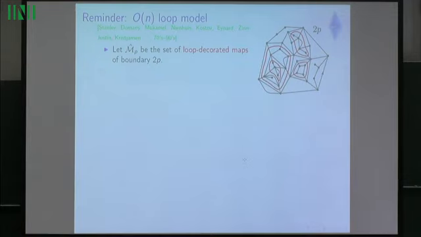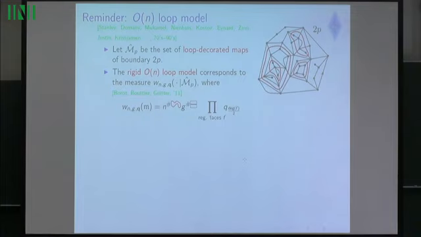So this smells like a loop model on planar maps. Let me briefly recap this. I look at all bipartite planar maps with fixed perimeter 2p, with some loops drawn on the dual graph. And there is a nice way to sample a uniform or random element among these, which is called the rigid O(n) loop model, where each such random map receives a weight, which is now just a Boltzmann planar map weight, but also some weights on these loops.